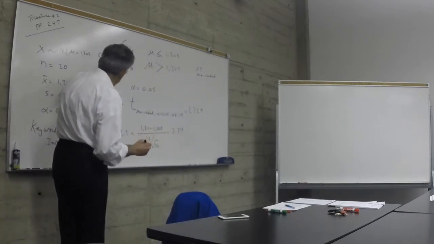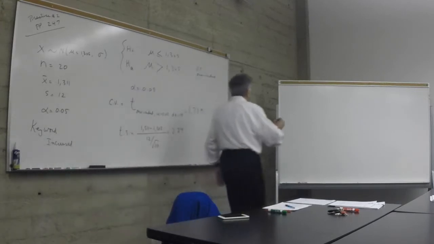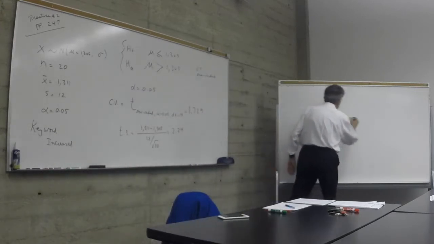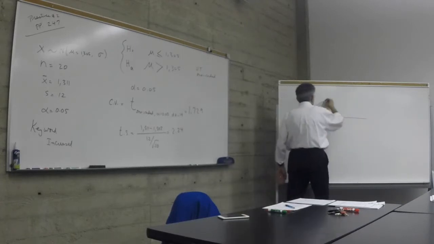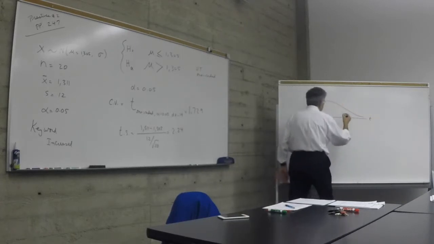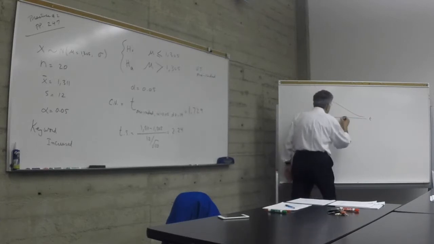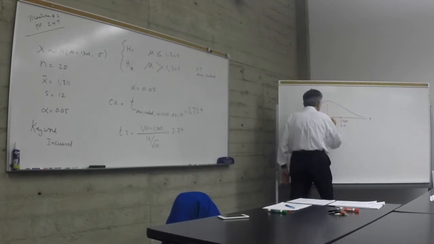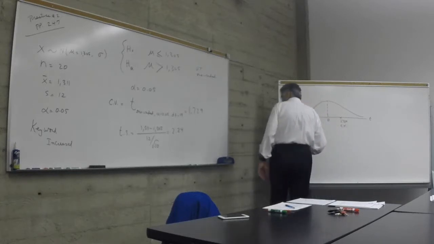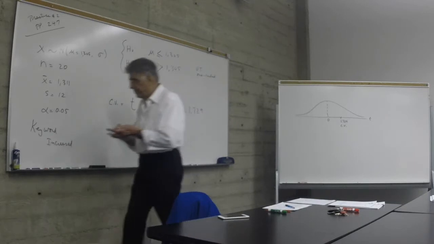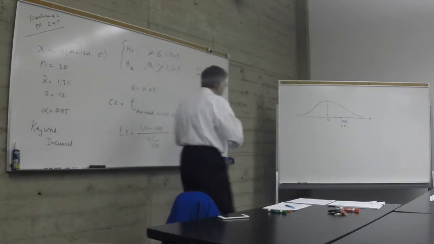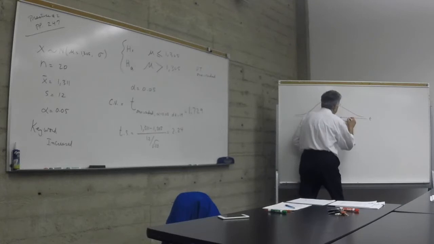Step 4, step 1, step 2, step 3, step 4 would be the decision-making rule. Okay. So here we have T, and here we have a critical value of 1.729. And it happened that the test statistic is 2.24.